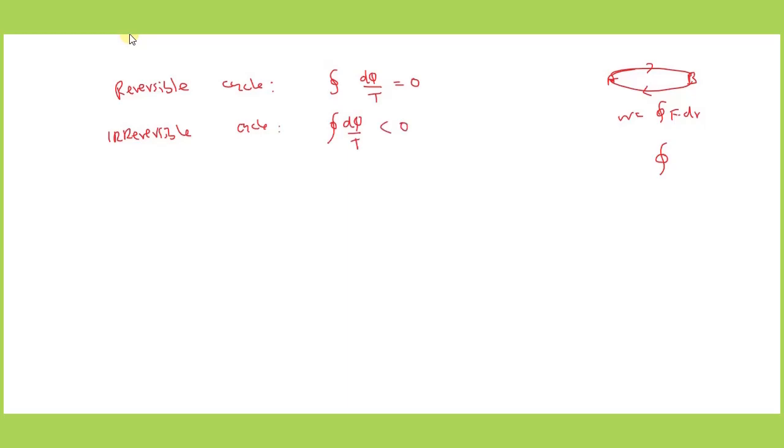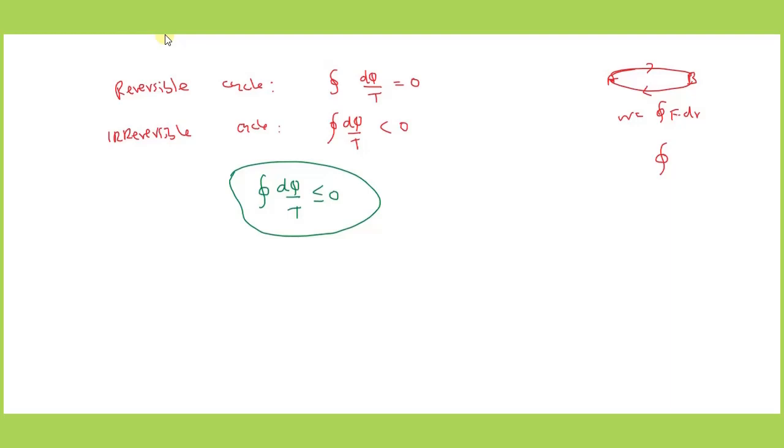Combining both of these equations, you can write down the closed integral dq by T is always less than or equal to 0. Then this is said to be the Clausius inequality, or another statement of the second law of thermodynamics.